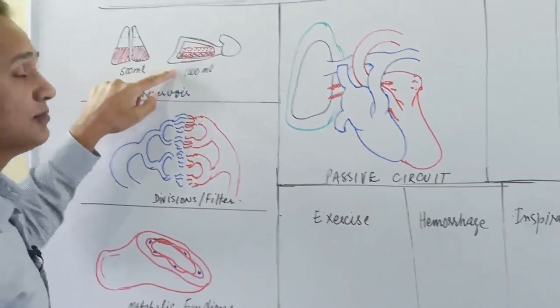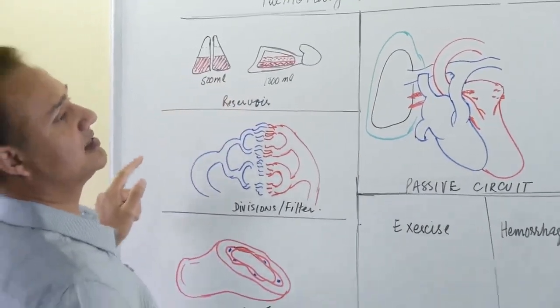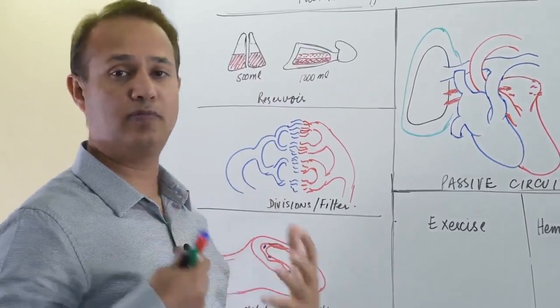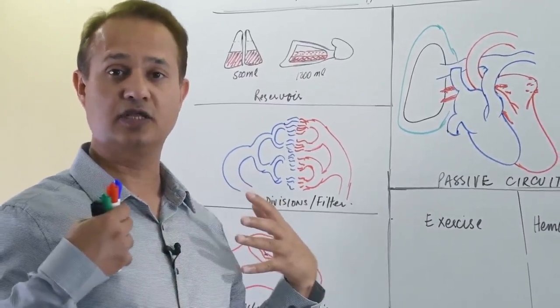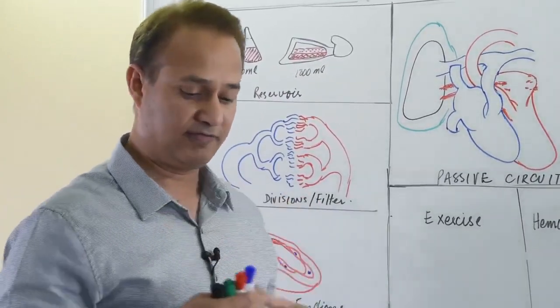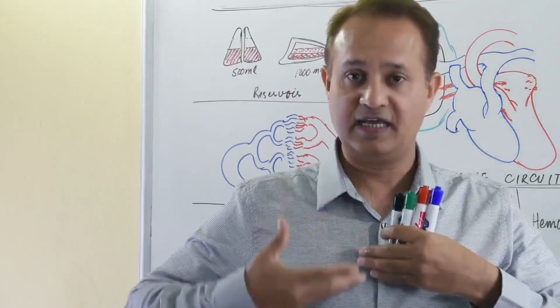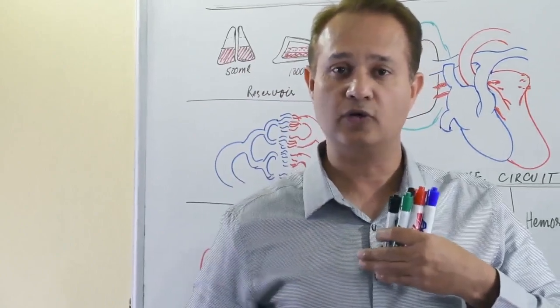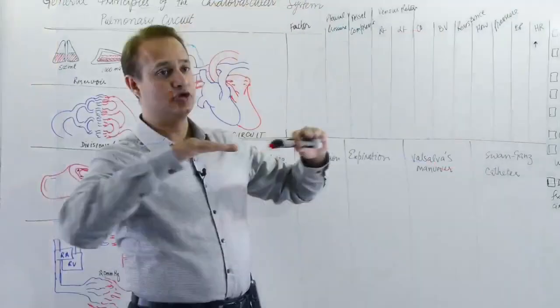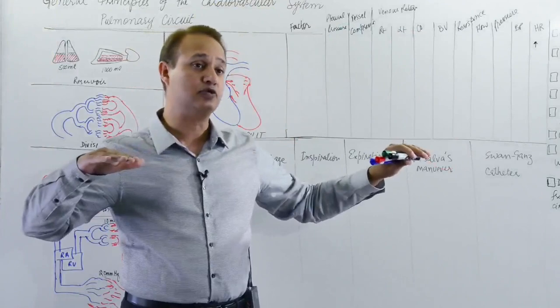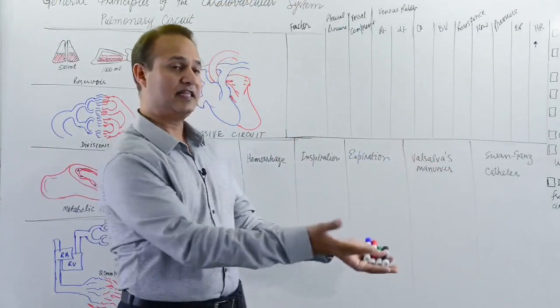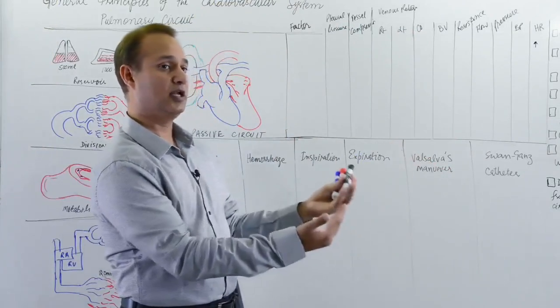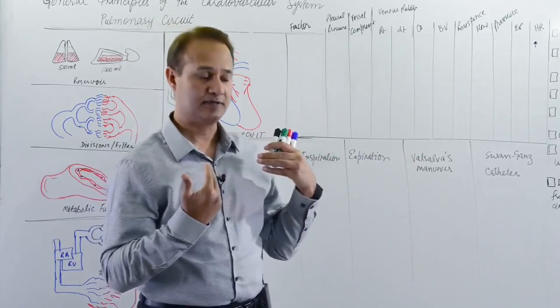And if a person becomes supine, if a person lies down, then even more blood gravitates to the lungs, because right now, if I'm standing, most of the blood has gravitated towards the lower limb. If I become horizontal, if I lie down, then that blood that was in my lower limbs will come back towards the heart.